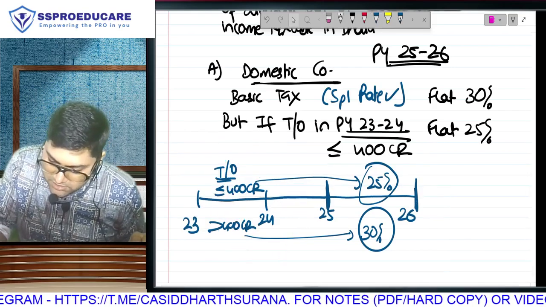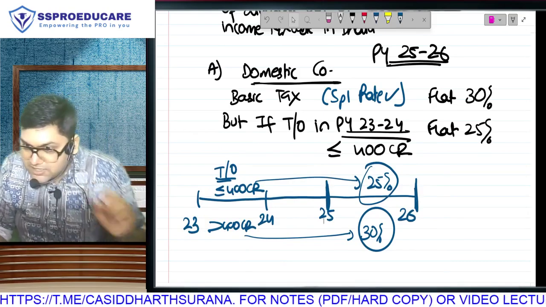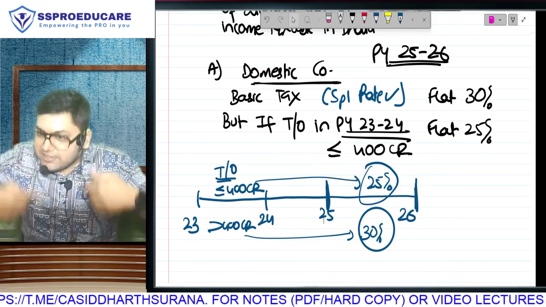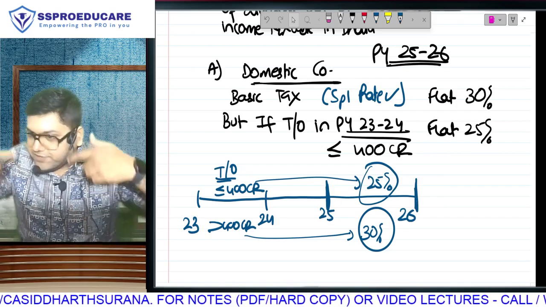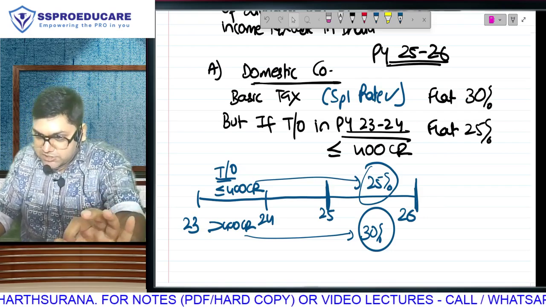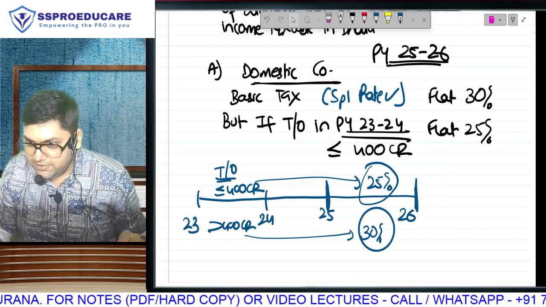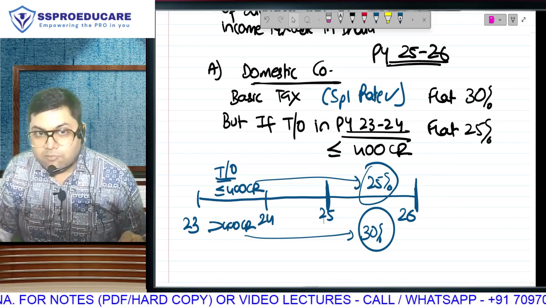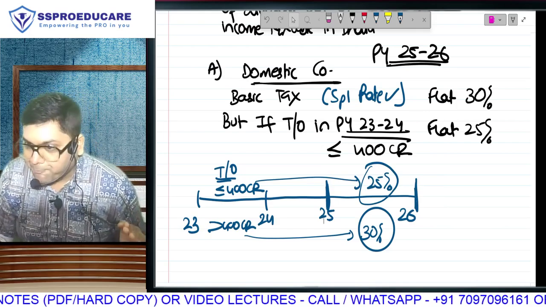So the year will start. I will start doing business at the beginning of the year. Turnover started: 10 crore, 15, 20, 30, 40, 100, 150, 200, 250, 300, 350. The moment I reach 399 crores, he has a company, Yadav Limited. The moment he reaches 399 crore, he will tell all his customers, stop.